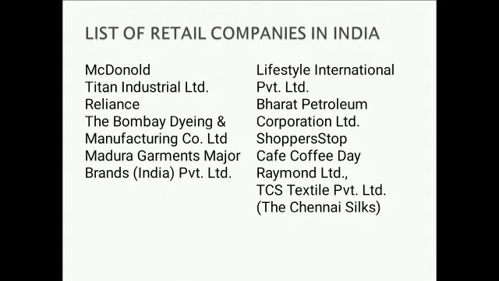Now the list of retail companies in India. Some of the retail companies you can see: McDonald's, Titan, Reliance. In Reliance you can see, in Puttur, Jiomart, right? The Bombay Dyeing Manufacturing Company Limited, Madura Garments, Major Brands India Private Limited, Lifestyle, Bharat Petroleum, then Shoppers Stop, Cafe Coffee Day, Raymond Limited, then TCS Textile Private Limited.